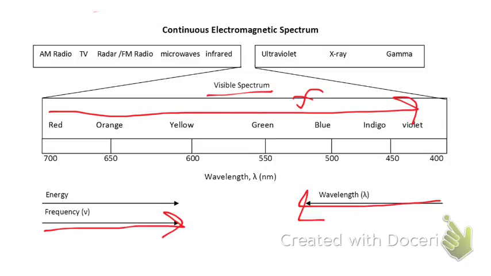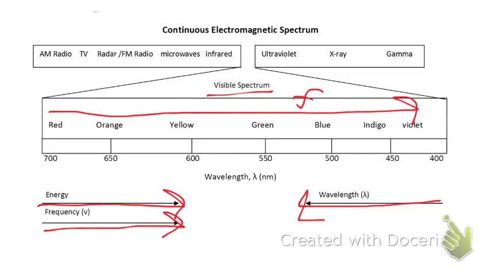Now, what about the energy that these light waves or electromagnetic waves have? Well, it turns out that the energy that these waves have is proportional to the frequency. So in other words, as the frequency begins to get bigger, so does the amount of energy. Or in other words, as the wavelength gets larger, the amount of energy that a wave has gets smaller.